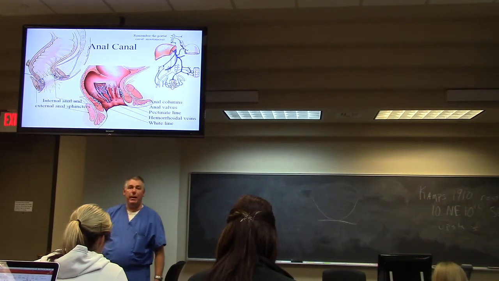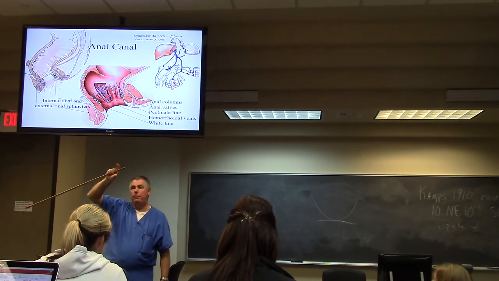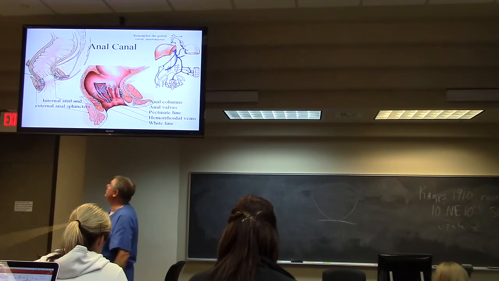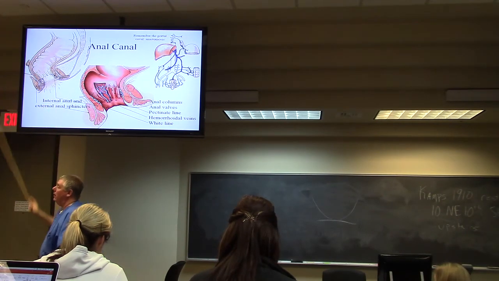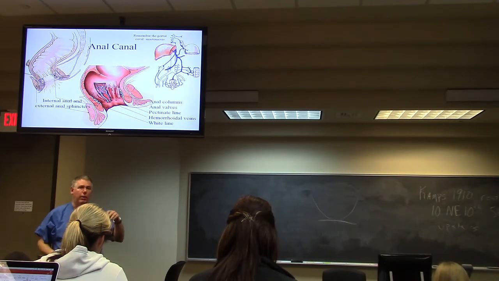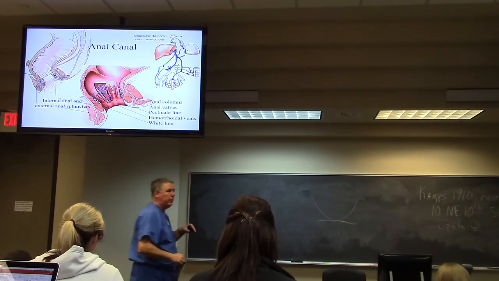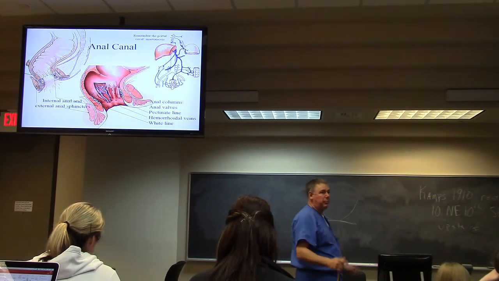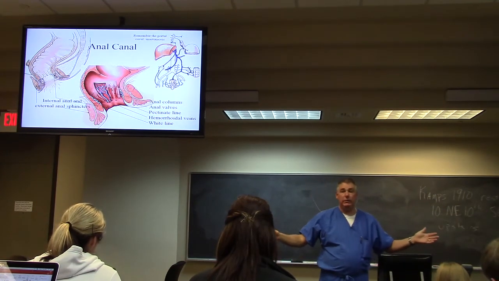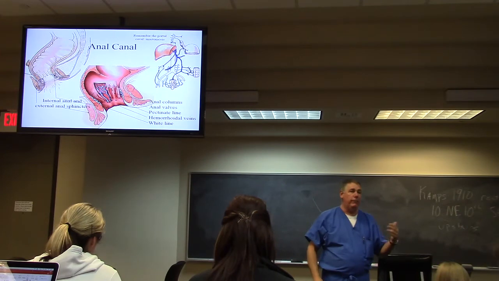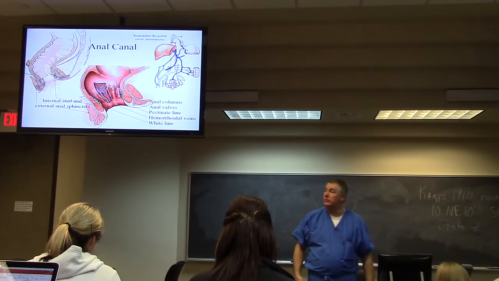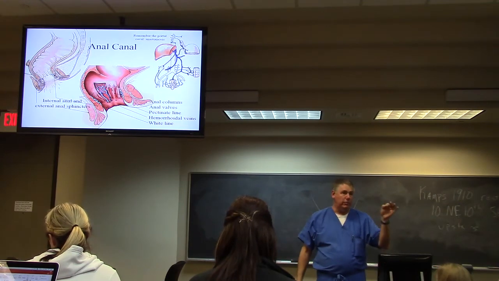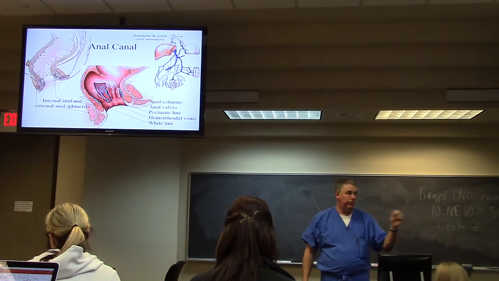If you have a big piece of feces headed down into your rectal vault, which is this whole area right here, the pressure has already caused your internal sphincter to relax. Your internal sphincter senses its presence and relaxes. The only thing keeping you from stooling yourself is your external sphincter, which you have under somatic control. Okay?